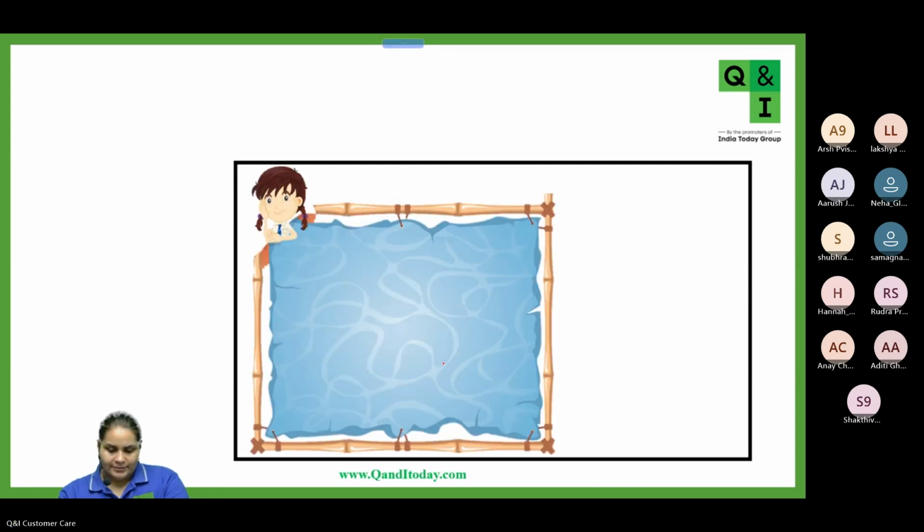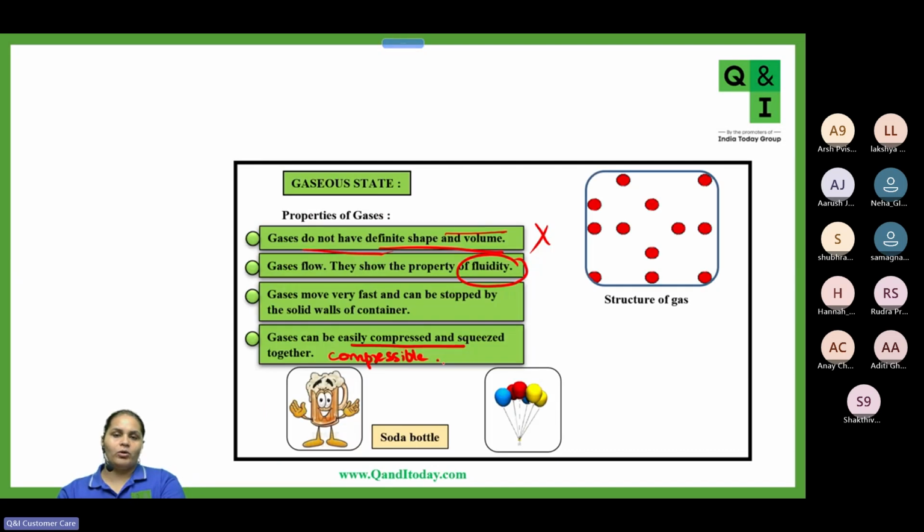Then, what about that soda bottle? You know, those carbonated drinks. When we open them, so much fizz comes out. Why? Because carbon dioxide comes out of it.